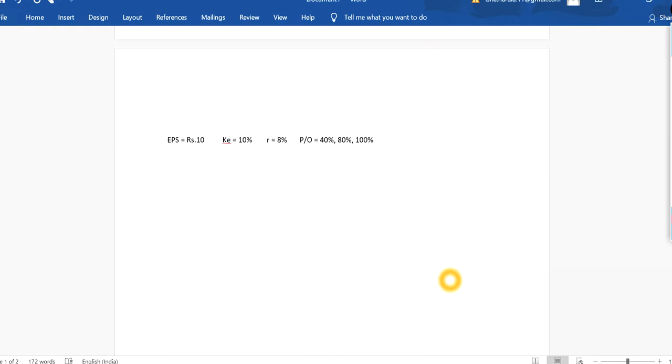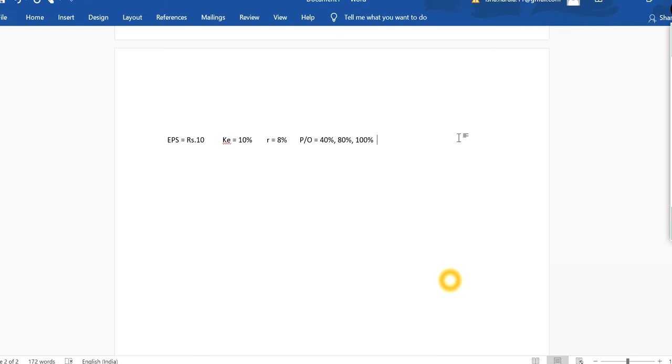Here we are given the condition that EPS of the firm is 10. KE, cost of equity, is 10%. Rate of return is 8%, and for payout ratio we are given three situations. Here PO may be 40%, 80% or 100%. If PO is given to us, we can easily calculate the retention ratio.